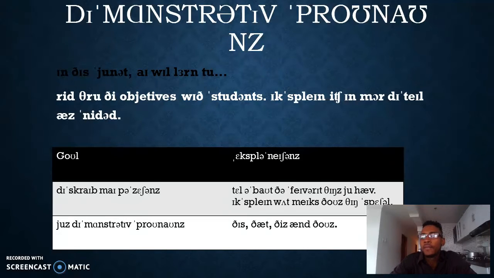When we have two words, if I have a word that ends in a consonant sound and I have another word that begins with a vowel sound, we can make a linking sound, because it is consonant plus vowel.